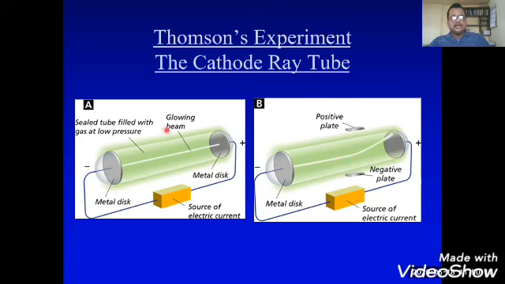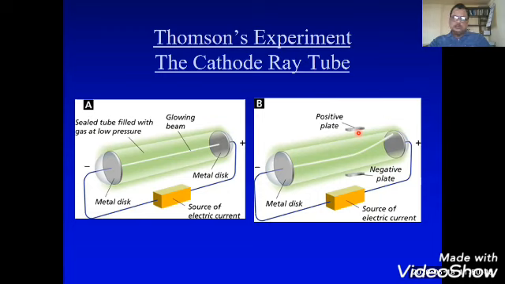So in the absence of an electric field, the cathode rays travel in a straight path. But when an electric field is applied around the cathode ray between two parallel plates, then they found the cathode rays got deflected toward the positive plate.